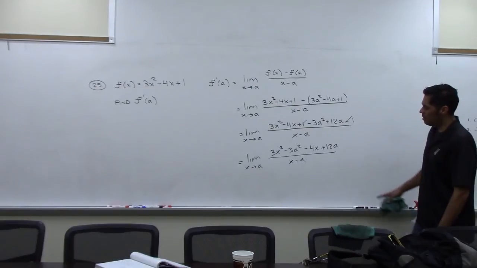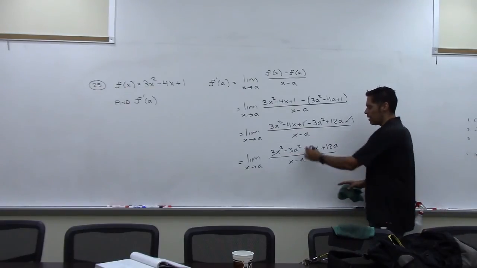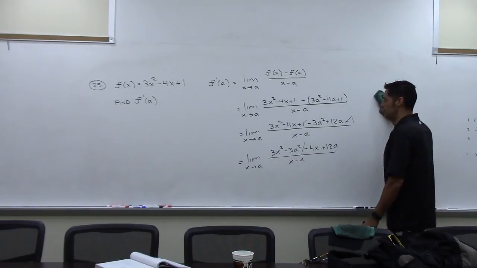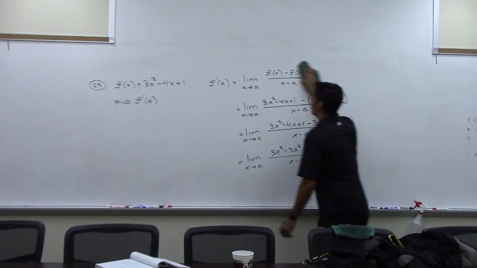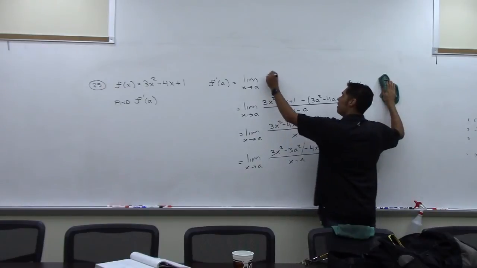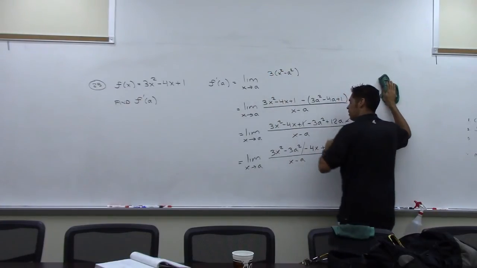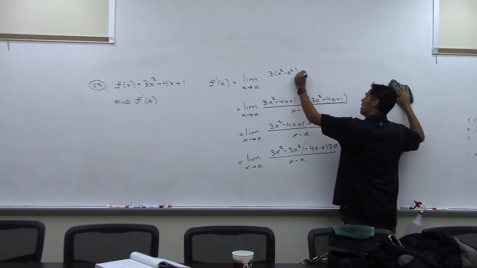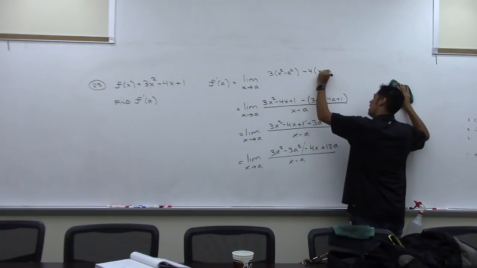And notice that on these first two terms, we're almost going to do like a grouping here. On the first two terms, I can factor out a 3. So I have 3, then I have x squared minus a squared. That look familiar? Then over here, I'm going to factor out a negative 4 from those. Negative 4, and I'm left with x minus a.